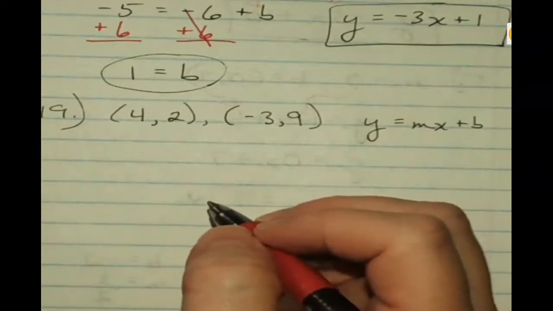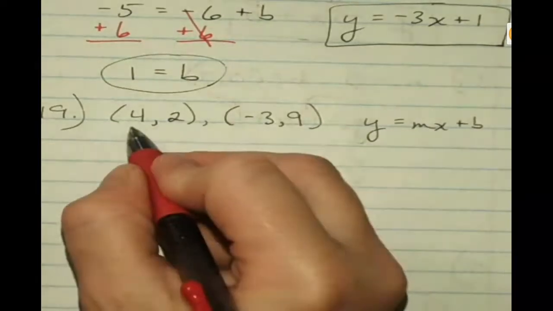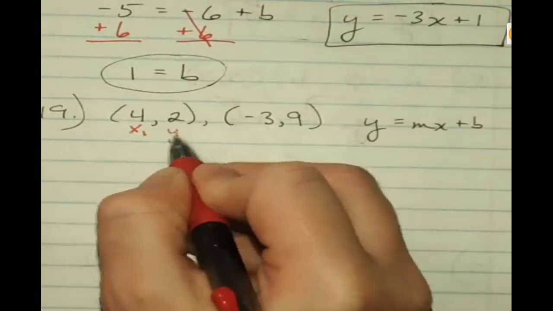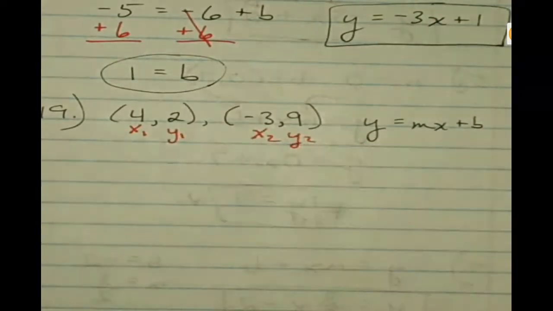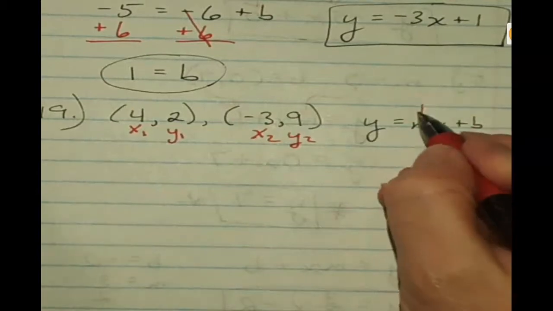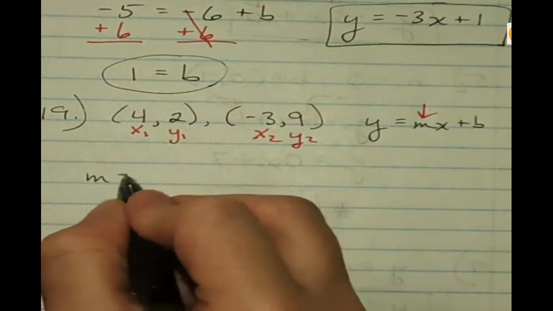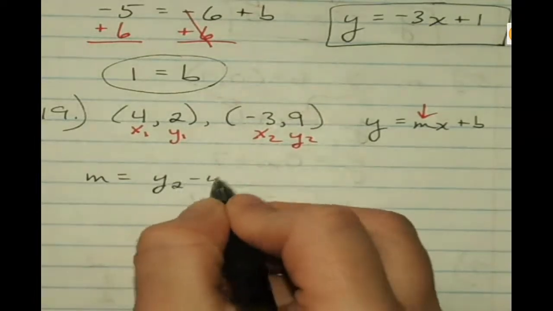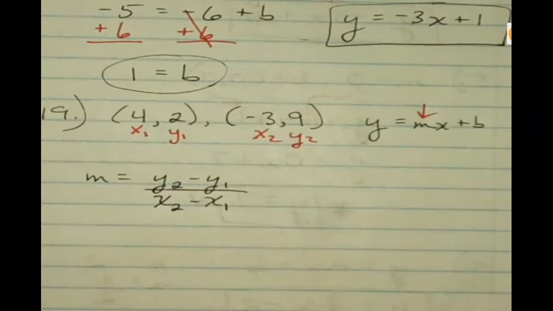You're trying to find the slope, so you would label x1, y1 and x2, y2. Good. And so the first thing we need to do is find the slope. And what formula do I use? Y2 minus y1 over x2 minus x1. Perfect.